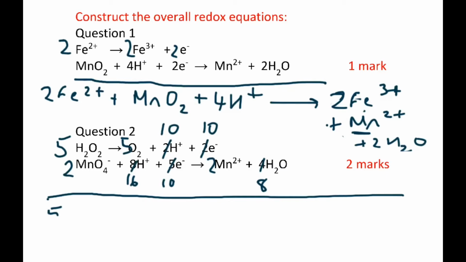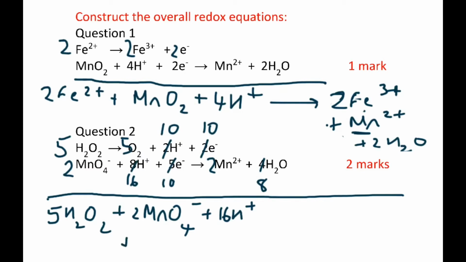I hope you're doing this at the same time. You're probably faster at it than I am. 5H2O2 on the left plus, and it's really easy to make a mistake here, so just be careful, 2MnO4- plus 16H+ plus 10 electrons. That's everything on the left.